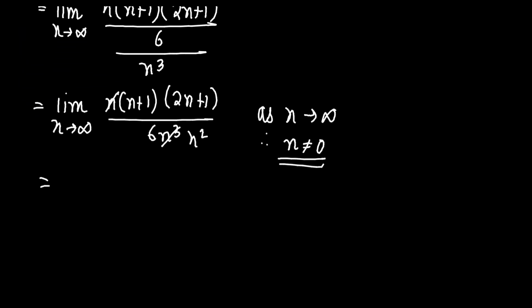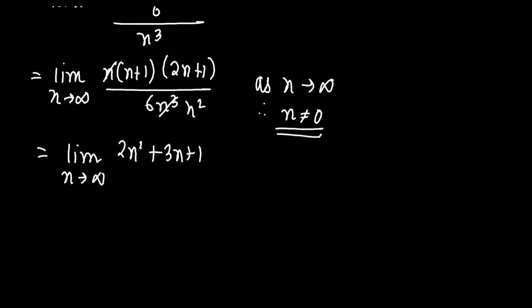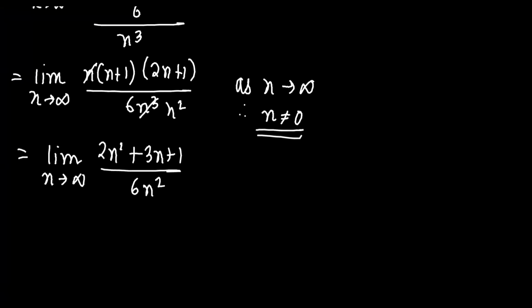Now here if we multiply these two terms, n plus 1 into 2n plus 1, then we will get limit n tends to infinity 2n square plus 3n plus 1 by 6n square. Now as n is tending towards infinity, we take z equal to 1 by n.